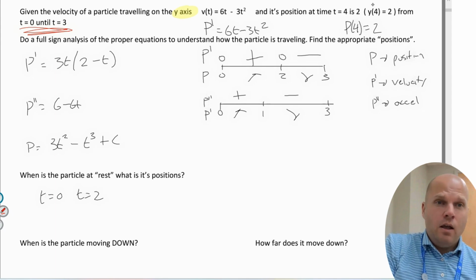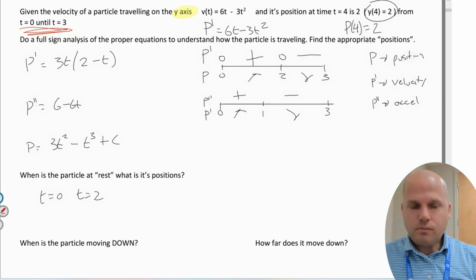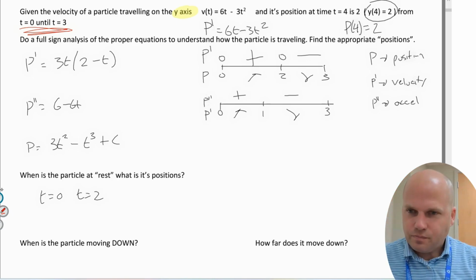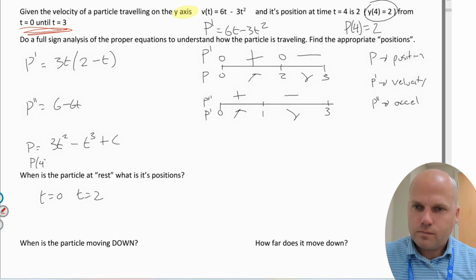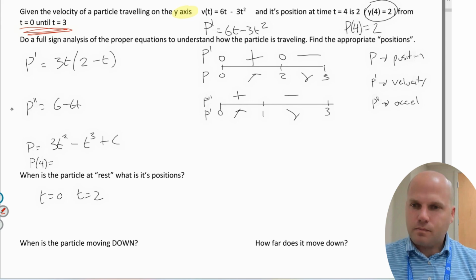Oh, look at that. When my time is 4, my position is 2. 16 times 3 is 48.